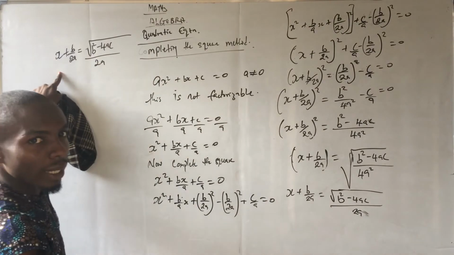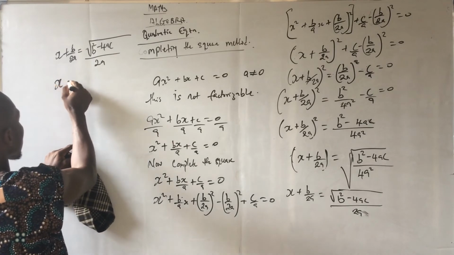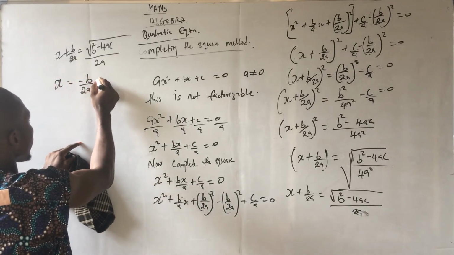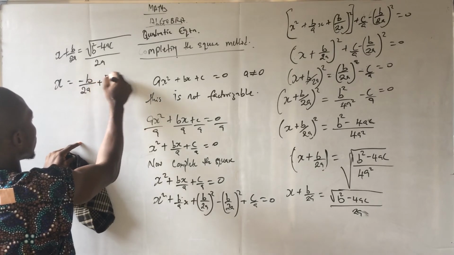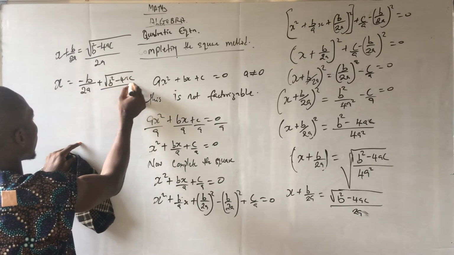Now I want to make x the subject of formula, and I say that x is equal to minus b over 2a plus or minus the square root of b squared minus 4ac all over 2a.